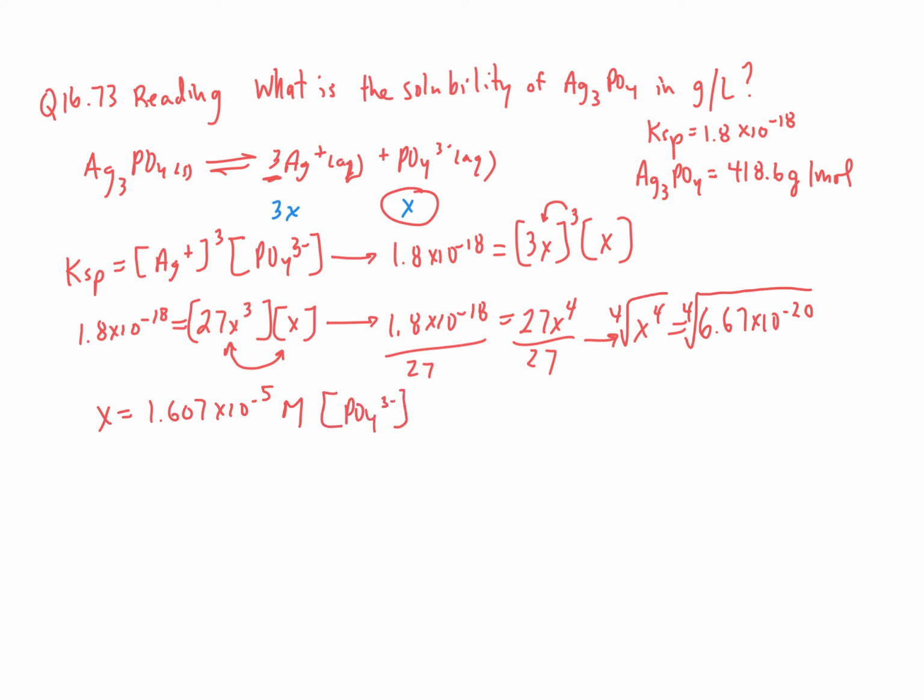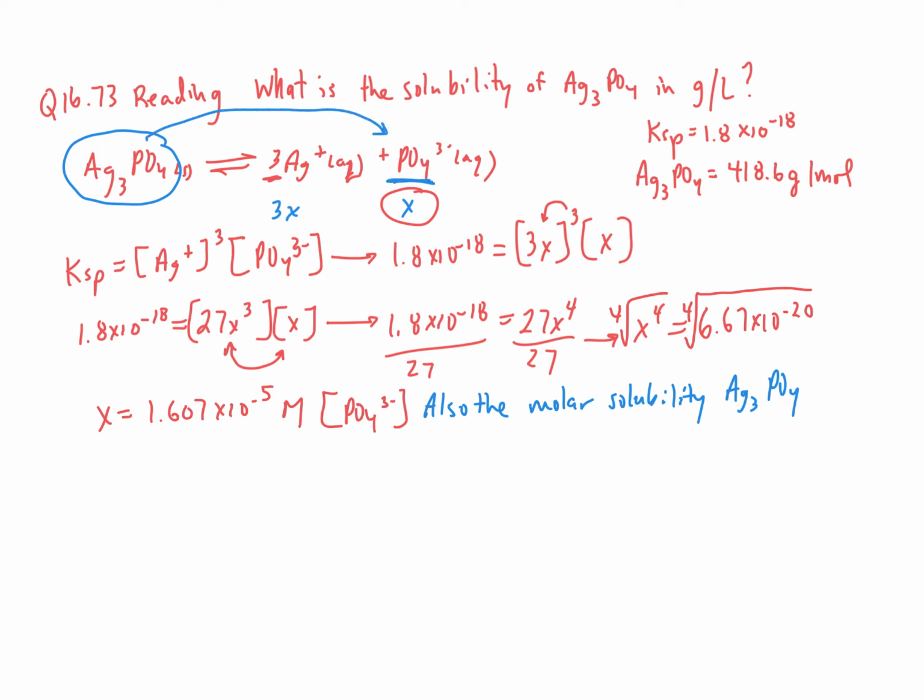But x is also the molar solubility of silver phosphate, Ag3PO4. Because if we look at the ionization, for every 1 molecule of silver phosphate that ionizes, we're going to get 1 phosphate.